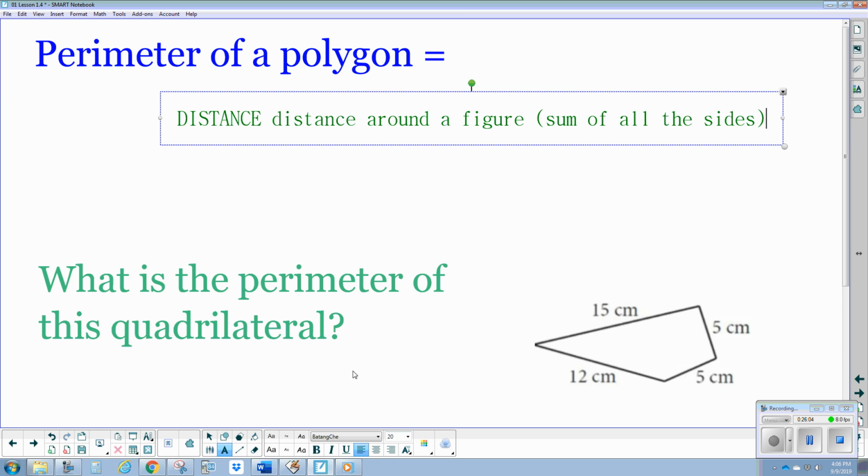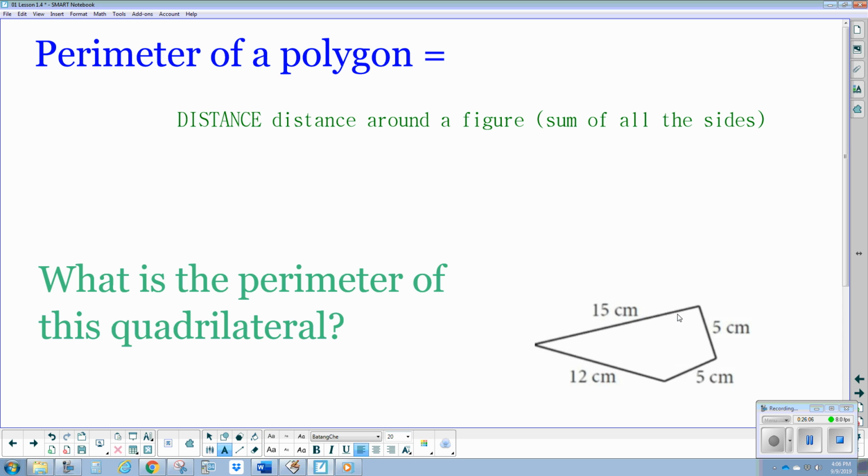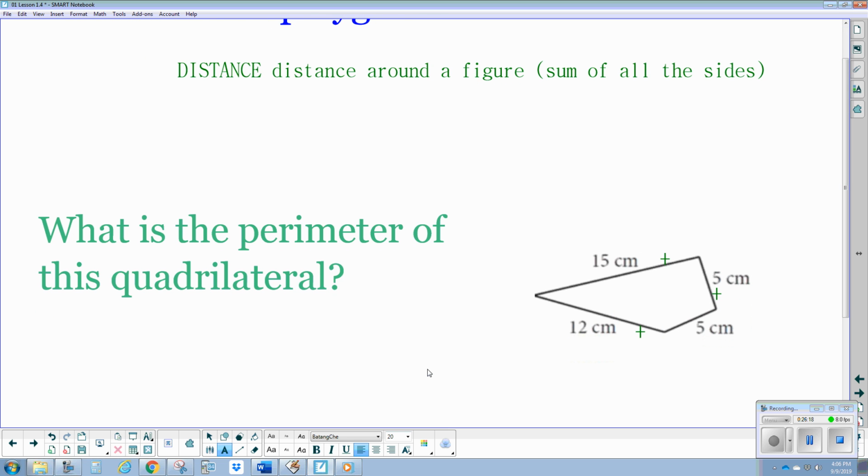So in this example, we're looking for perimeter. We're going to add all of these together. Make sure whenever you're working with units that you define your units. So in this case, our perimeter of the figure is 37 centimeters. We added up all of the sides.